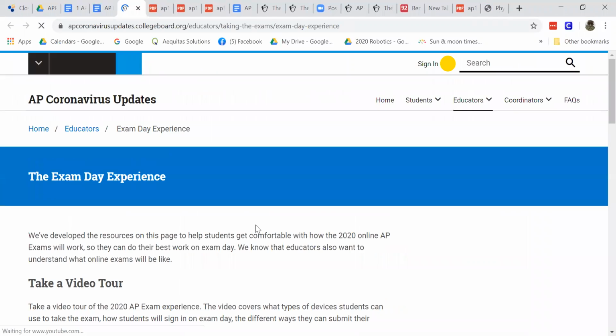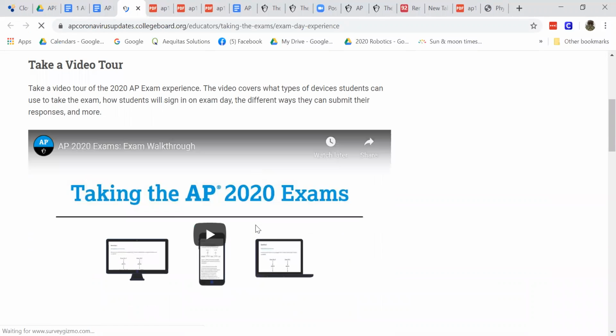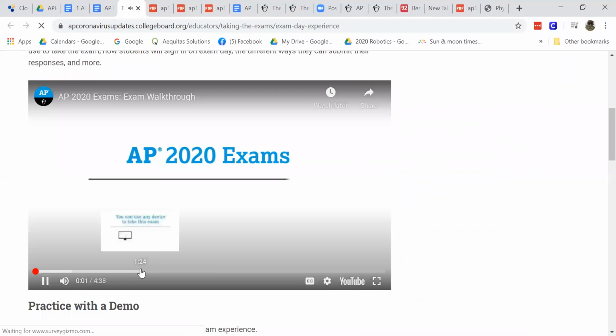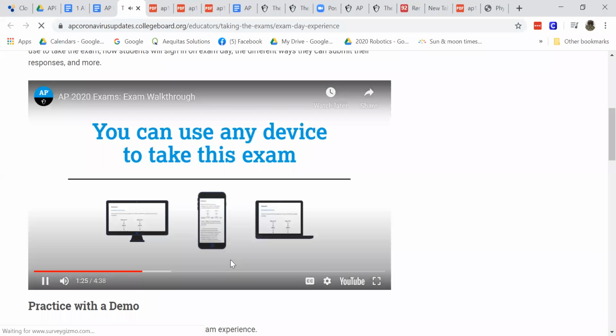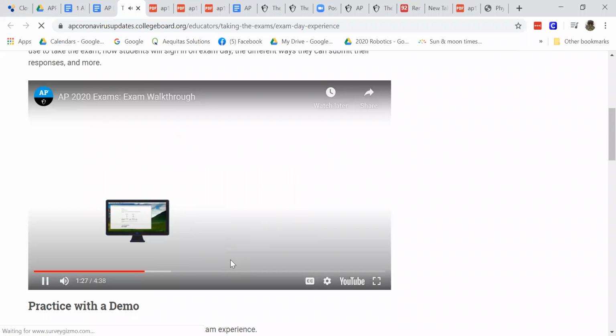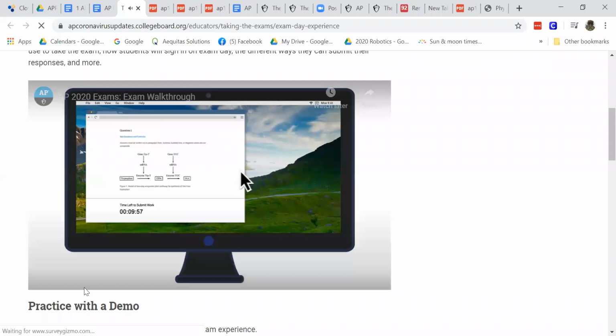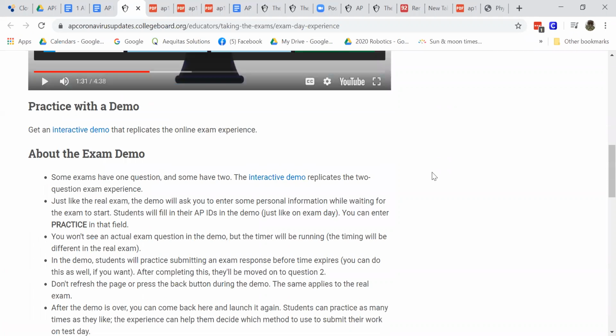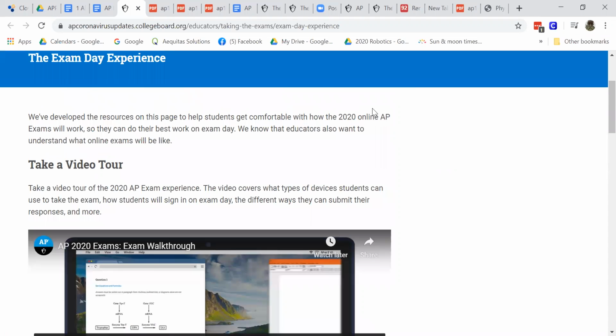This will give you a nice little video explaining how it works, on a laptop, tablet, or phone. If you're on a desktop or laptop, you can reduce the size of your browser window. So there's information on this and so on.